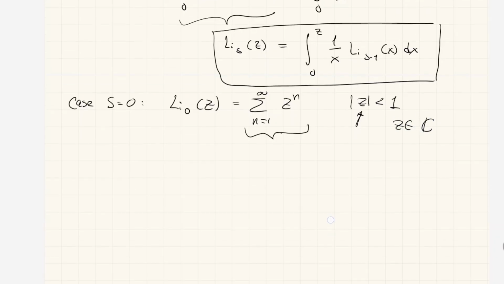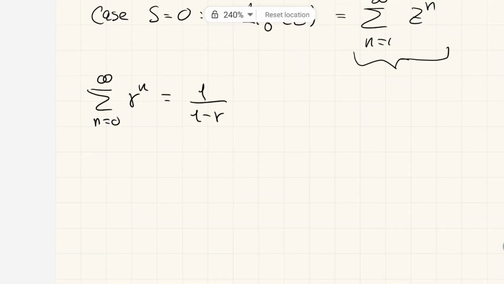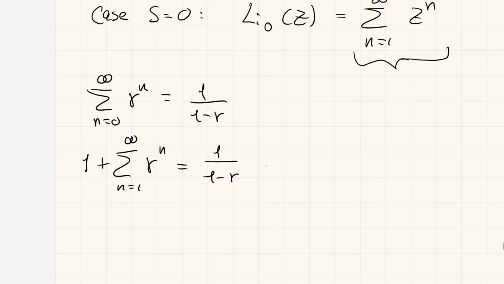So if we assume that the modulus of z is less than 1, remember that the sum from n equals 0 to infinity of r to the n is equal to 1 over 1 minus r. If we develop this expression, substituting n equals 0, we get 1 plus the sum from n equals 1 to infinity of r to the n equals 1 over 1 minus r.